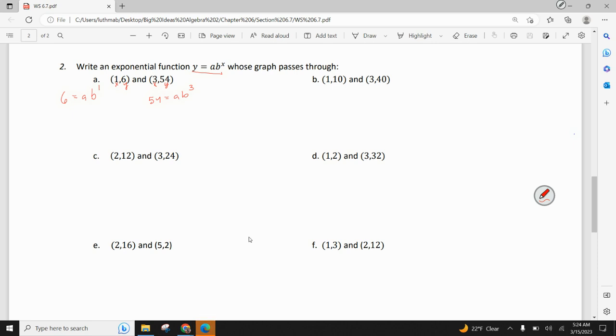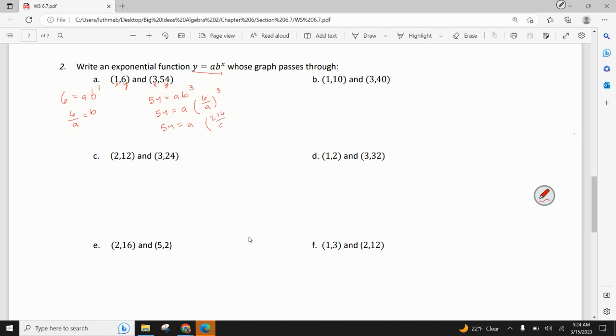What I think I'll do is take this and divide by a, make it 6 over a equals b. B to the first is just b. What that allows me to do is a little substitution over here for b. So then from there, I'll cube some of this out.